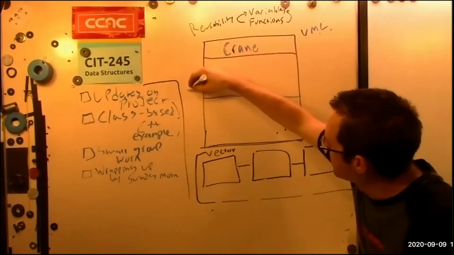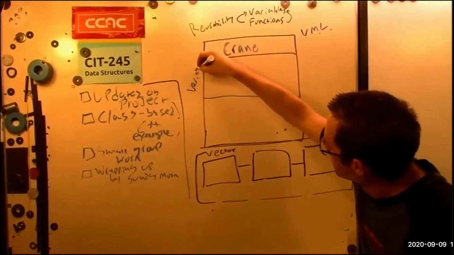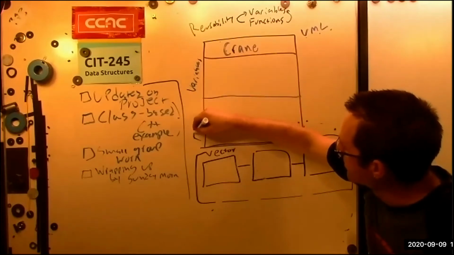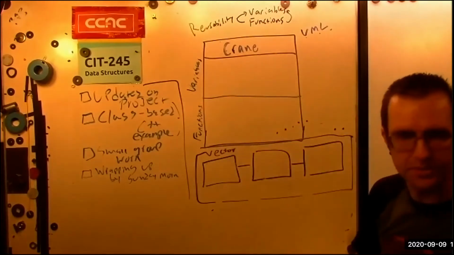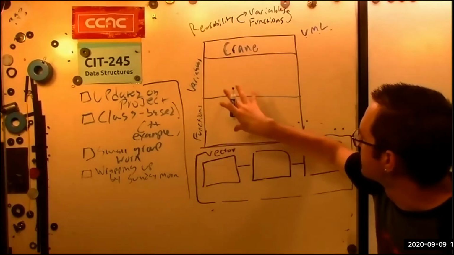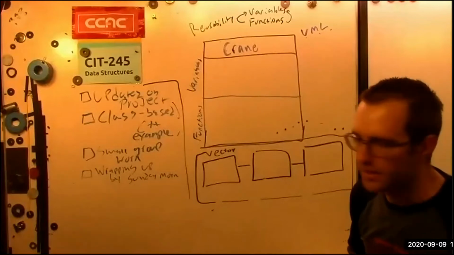So the convention would be that we have member variables listed in the top box, and then functions, which in C++ it's very common for a function existing inside of a class to be called a method of that class.